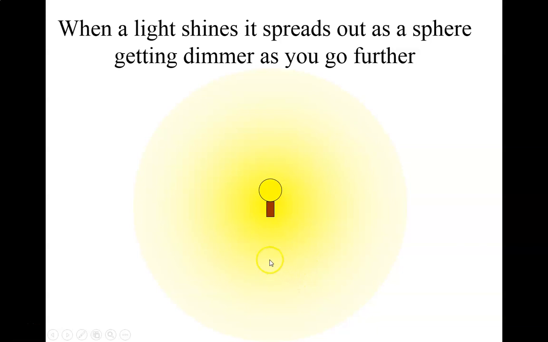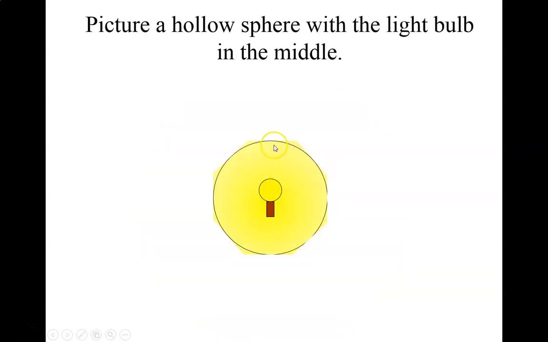Okay. So light also obeys the inverse square law. Light gets dimmer with the distance squared. Why would that happen? Well, light shines out as a sphere, and the further away you get from that light, the bigger the radius of the sphere, and the dimmer that light appears. So if we picture a hollow sphere, and we look at the light impinging upon the inside wall of it, I know it only looks like a circle, but that's because it's easier to do two-dimensional things on PowerPoint.